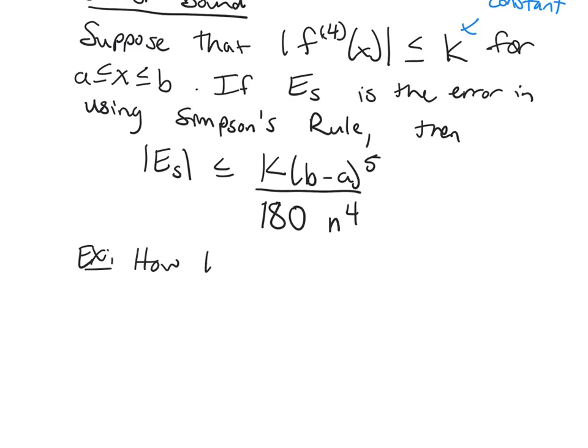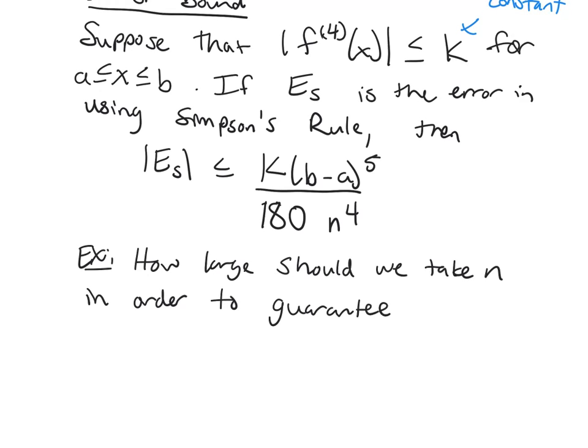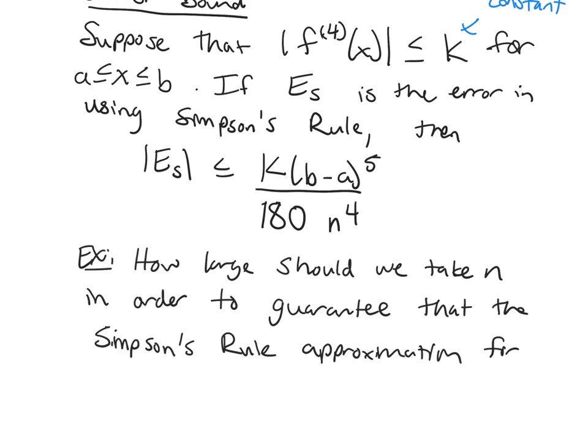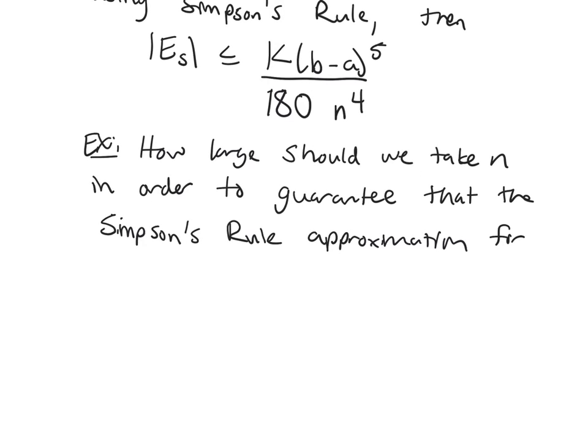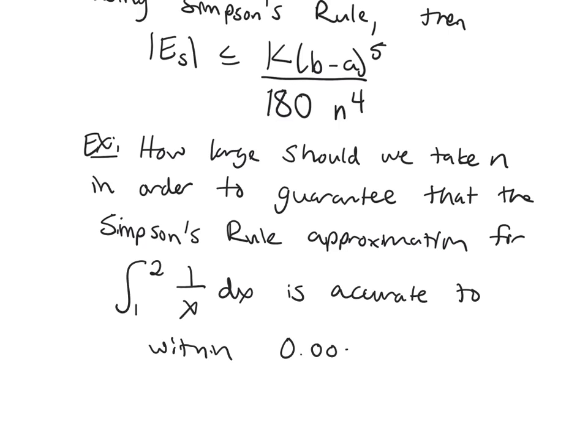How large should we take n in order to guarantee that the Simpson's rule approximation for the integral from 1 to 2 of 1 over x dx, the same integral we've been using all along, is accurate to within 0.001?